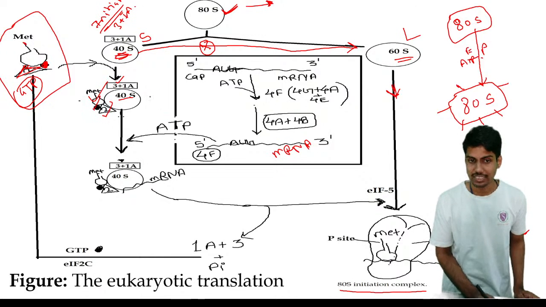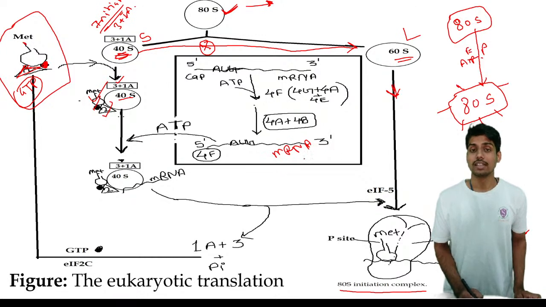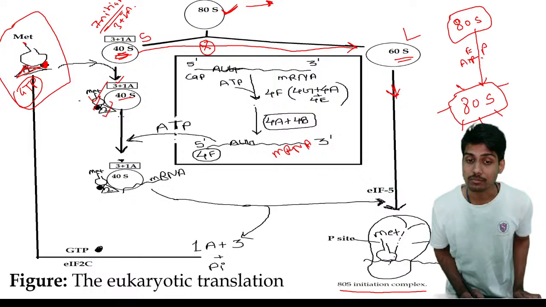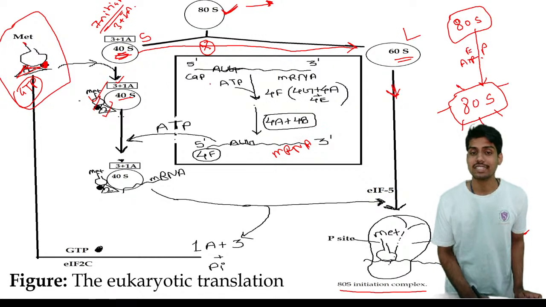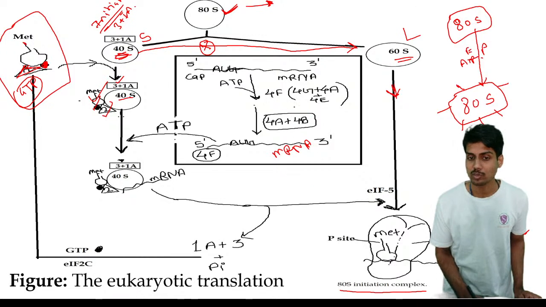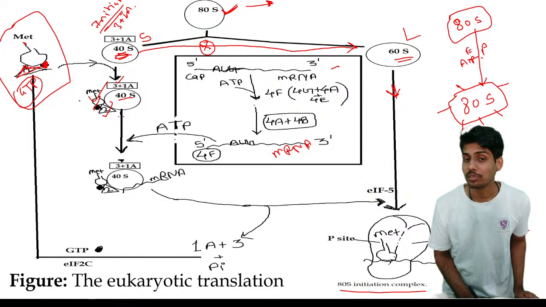Now all of this complex is going to attach with the mRNA. This mRNA also requires some additional factors to act upon it. You can actually exclude these factors if you cannot digest it, but I will just tell you in short. At the cap, meaning at the 5' end of this mRNA, with the help of energy from ATP, there are some other factors, like the 4F factor.